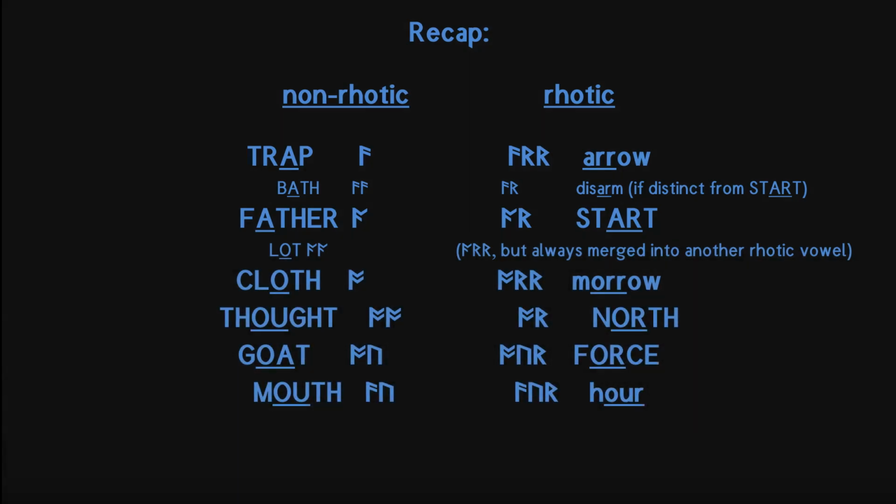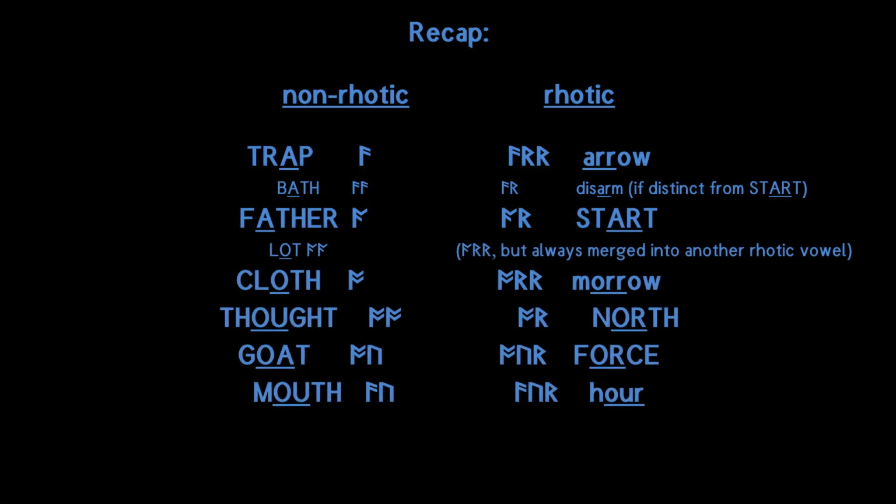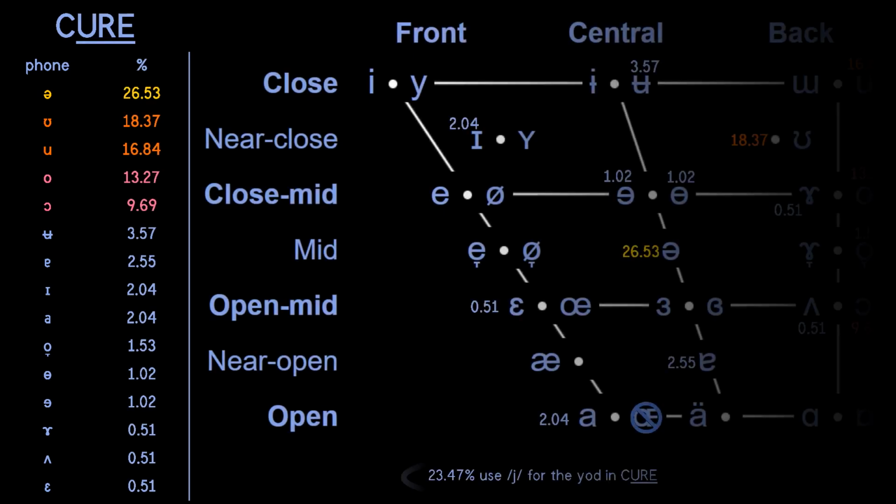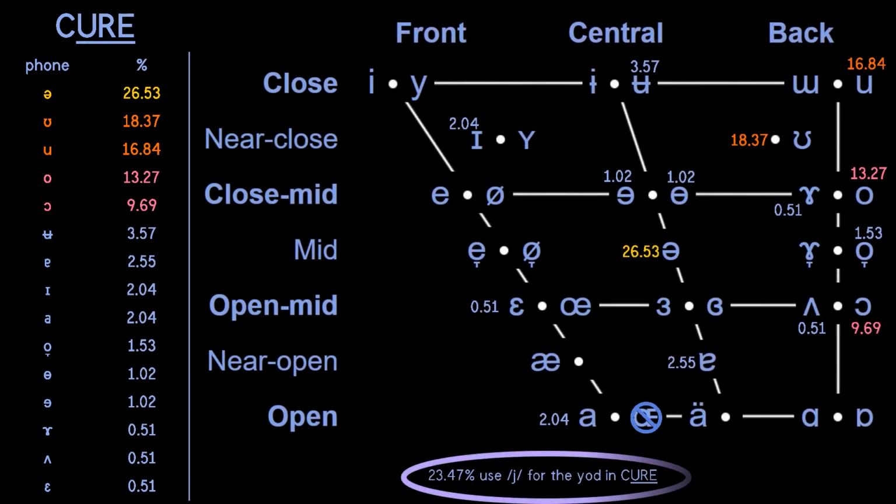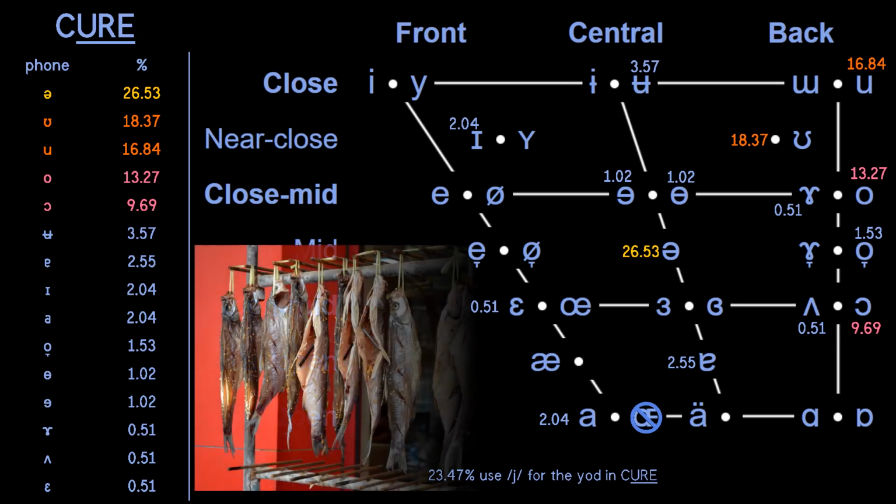When it comes to the cure vowel, we find some strange things going on. Firstly, almost a quarter of the total is lost to the y consonant on account of how many accents include a yod in this vowel.